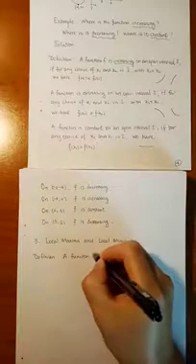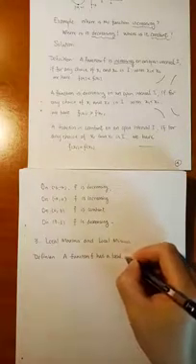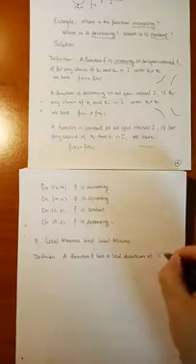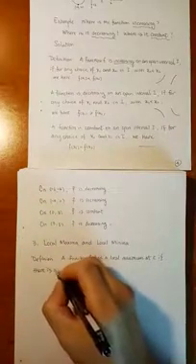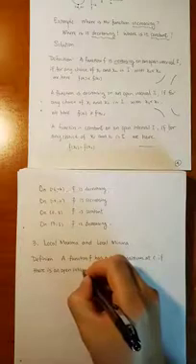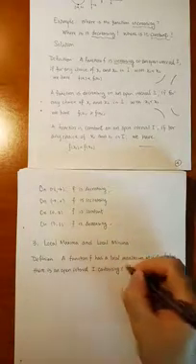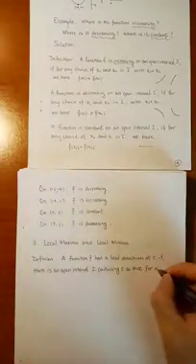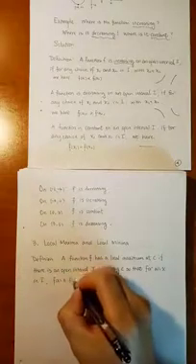The definition: a function f has a local maximum at c if there is an open interval I containing c, so that for all x in I, f(x) is less than or equal to f(c).